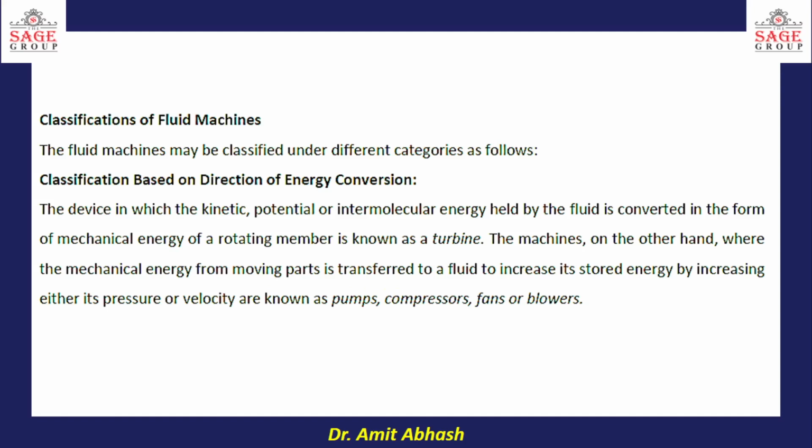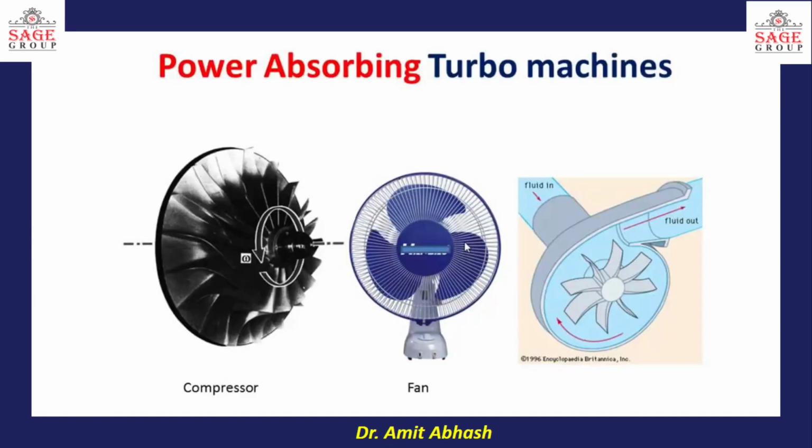Many more bifurcations are also there, but we'll see them later. This is an example: this is a compressor, here is the fan, and this is a pump. These are all power absorbing turbo machines. A turbine we have already seen here.